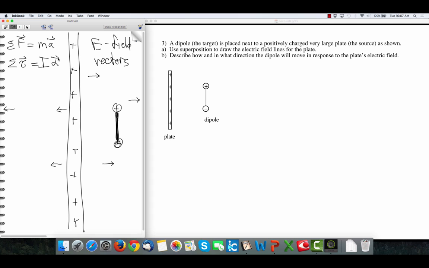So torques tell you about rotational motion. Forces tell you about translational motion. Translational motion is when things fly through the air. Rotational motion is when they change their orientation. That's the two kinds of motion you can talk about, and you know how to talk about from 7b, and so that's what they're asking about. So I'll give you a few minutes to work on that one, and then we'll talk about that.